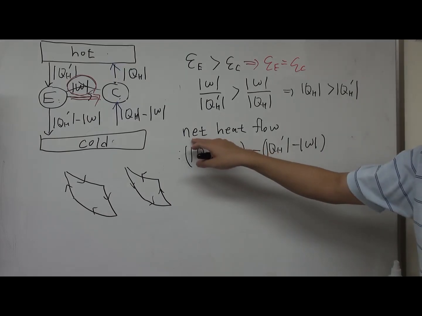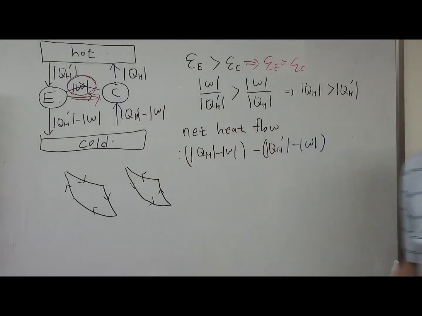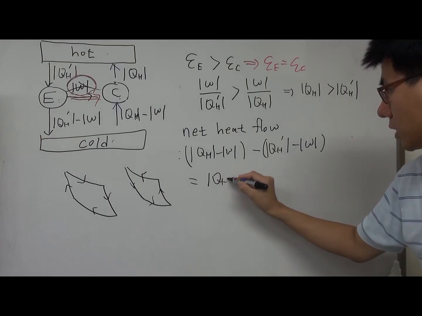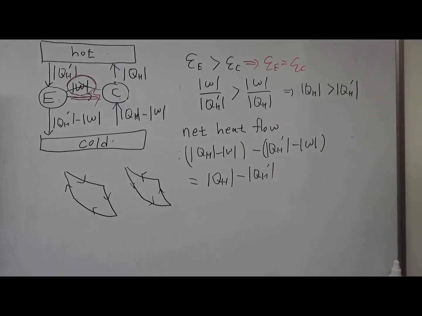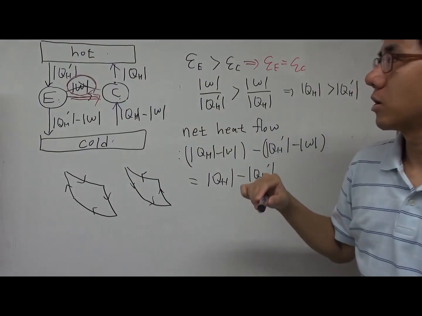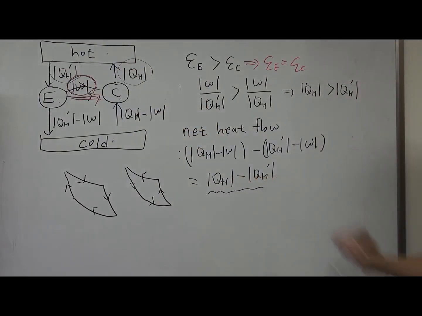So basically what we want to calculate is the net heat flow from here to here. This is QH minus QH prime, right? And we can also calculate the net heat flow from the engines to the hot reservoir. QH minus QH prime, the same.